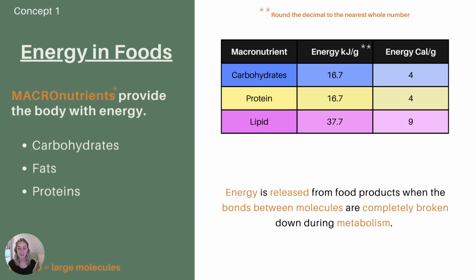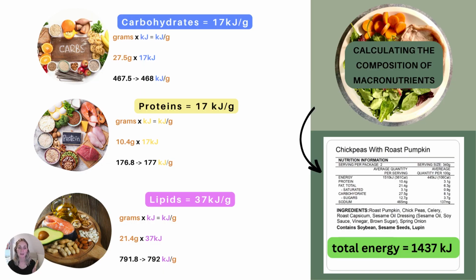Okay. So next, we're going to quickly have a look at how to calculate the energy composition of these macronutrients. So I have linked another video below where I specifically go through this explanation in more detail, and I run through specific examples of each one in detail.